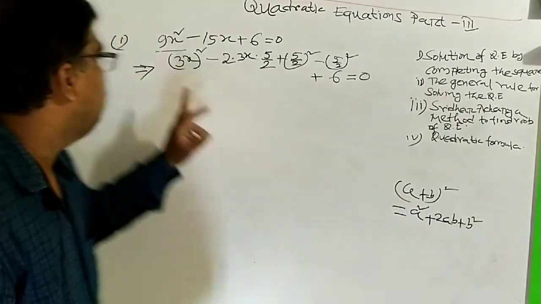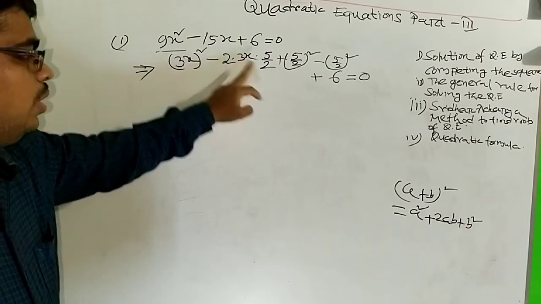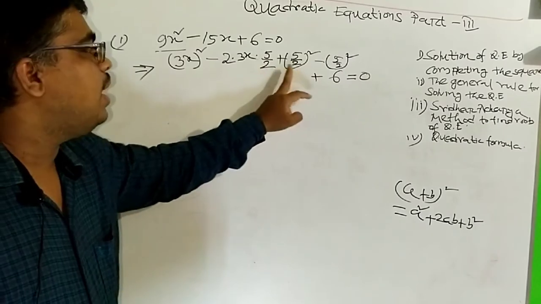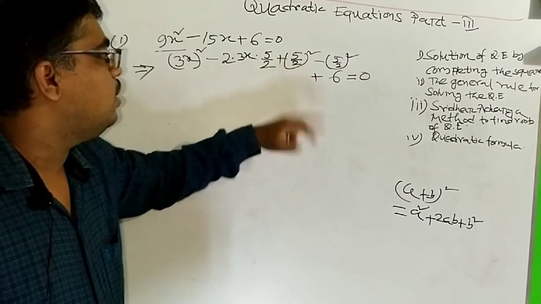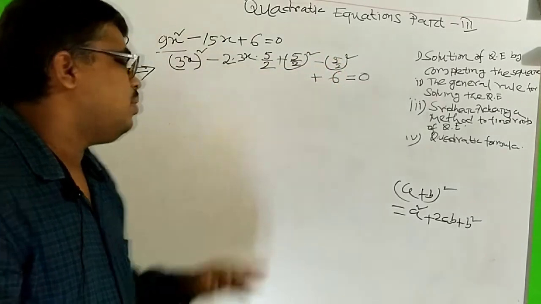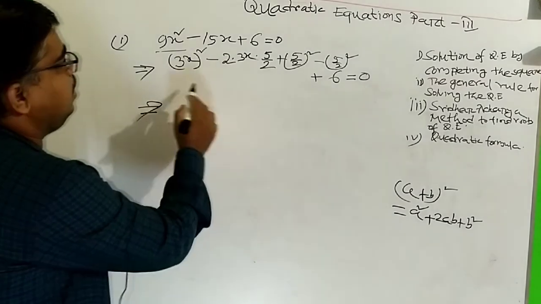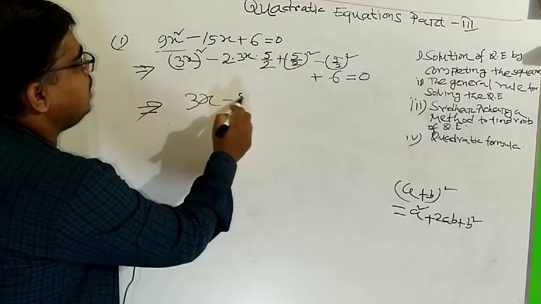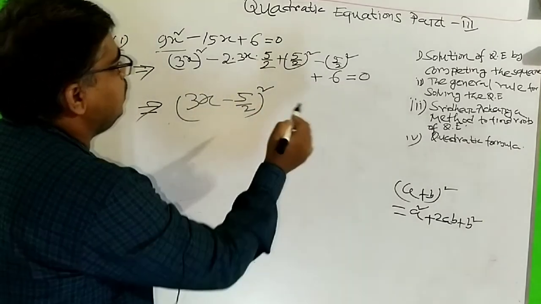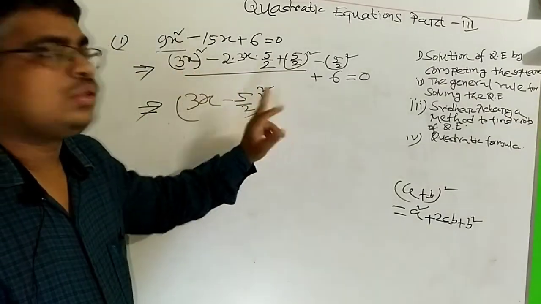You notice it. a means 3x, b means 5 by 2. So (3x) square minus 2 into 3x into 5 by 2 plus (5 by 2) whole square minus (5 by 2) whole square plus 6 equal to 0. This implies (3x minus 5 by 2) whole square. This is the formula of a plus b whole square.